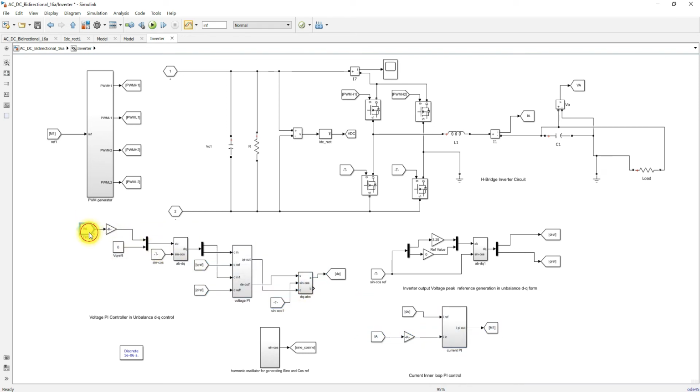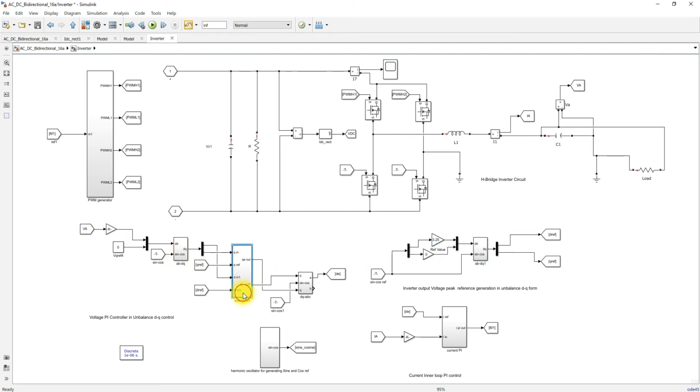We are measuring the voltage of the inverter and converting it into dq form, and then generating the d reference and q reference based upon the reference voltage. So here we are converting the inverter voltage into dq form.